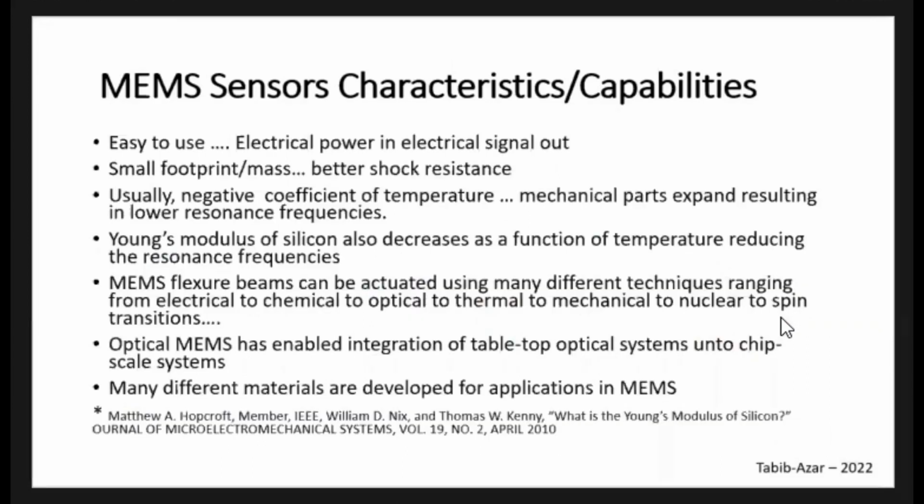So that's a little bit about MEMS and the key features of MEMS. They're easy to use, right? You put electric power in, and whatever they sense, their output is in the form of an electrical signal, although they can be other forms as well. People have shown that we can make them into very small devices when compared to other forms of implementation.